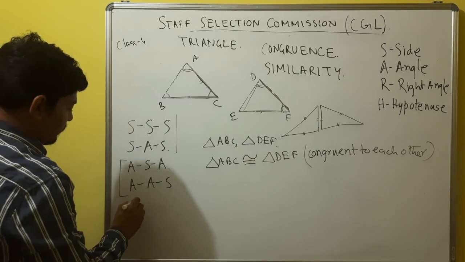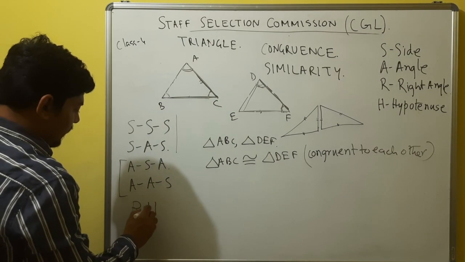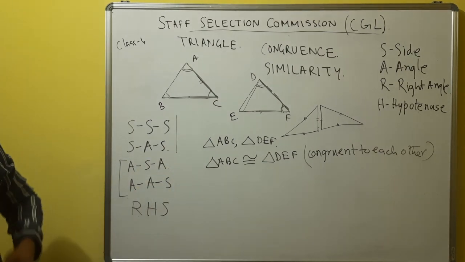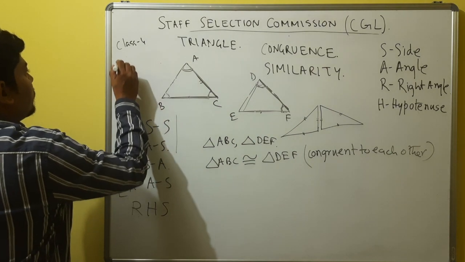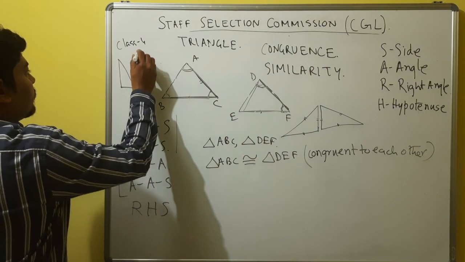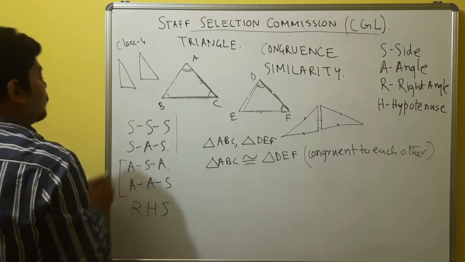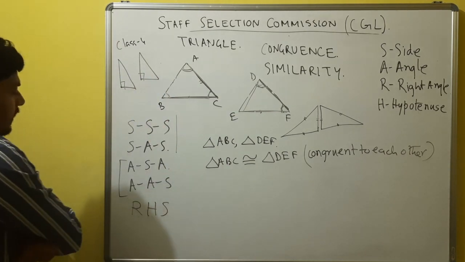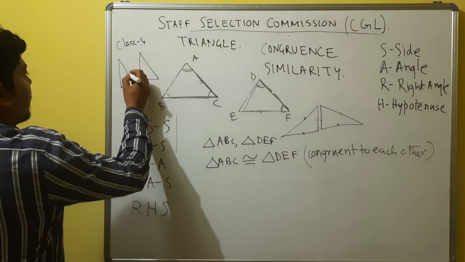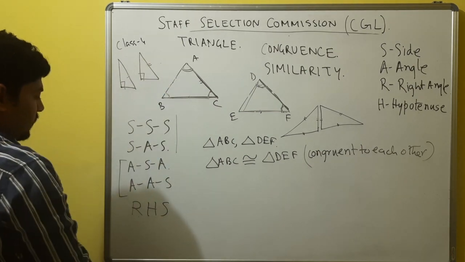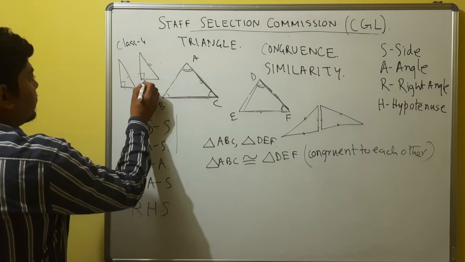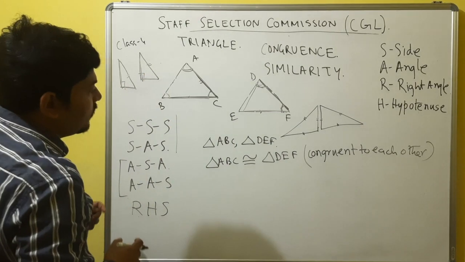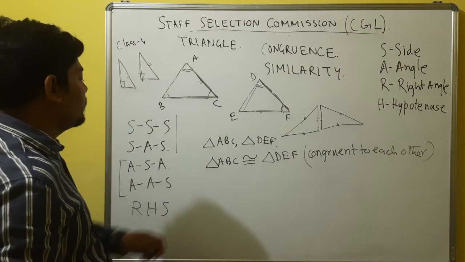We have another type, that is RHS. That means if we have two right-angled triangles, automatically one angle is already the same, that is the right angle. Their hypotenuses are also the same, and another side, maybe this side equal to this side, or this side equal to this side. Then these two triangles are also congruent to each other.